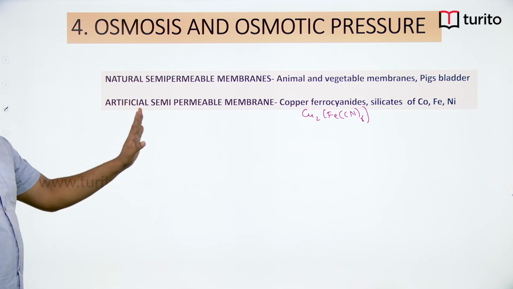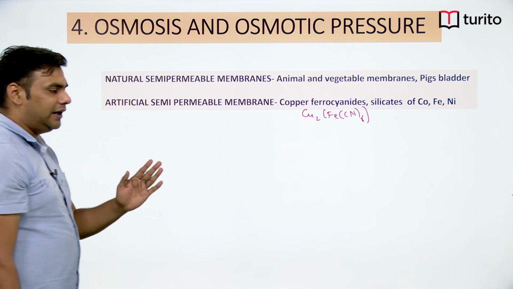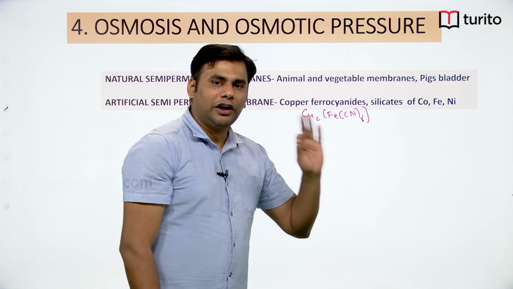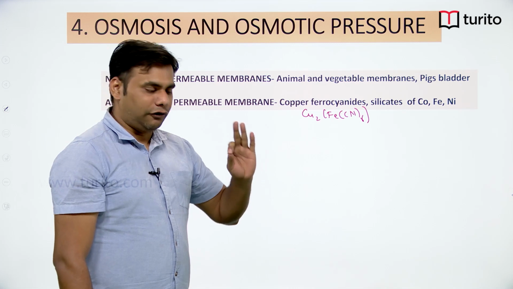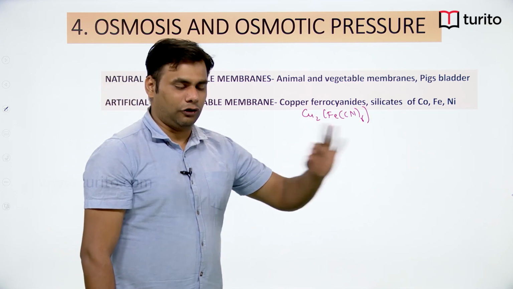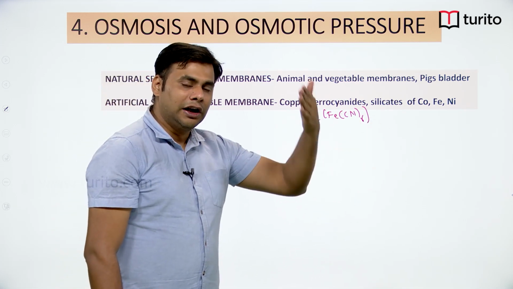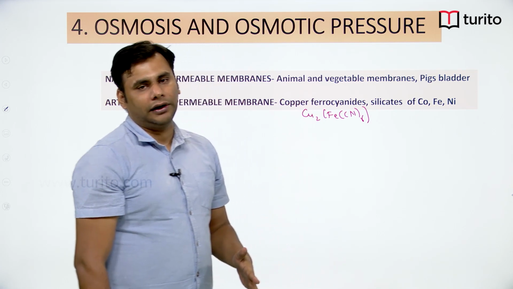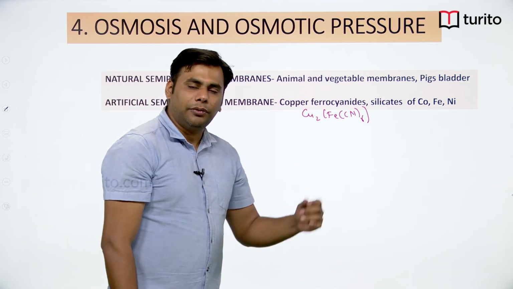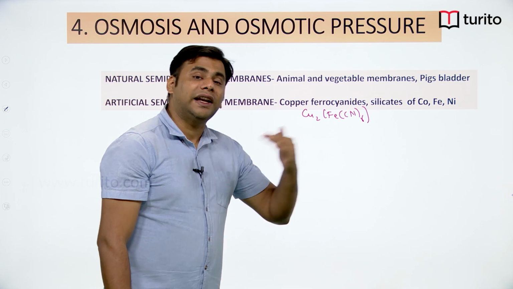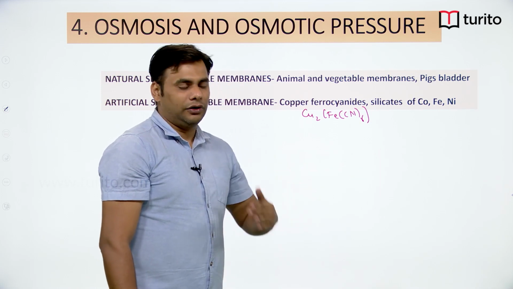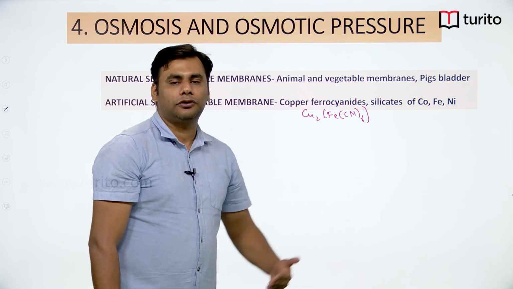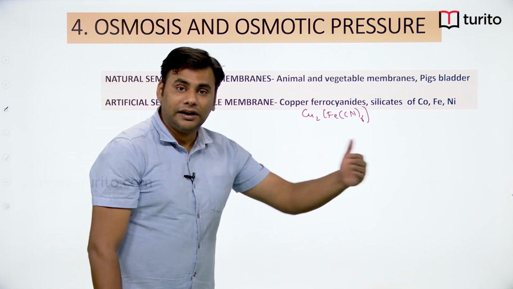Hope this is clear to you. We have defined osmosis as the movement of solvent particles from one solution to the other through a semi-permeable membrane. A semi-permeable membrane allows only one kind of particle to pass through it: only the solvent molecules, not the solute molecules.